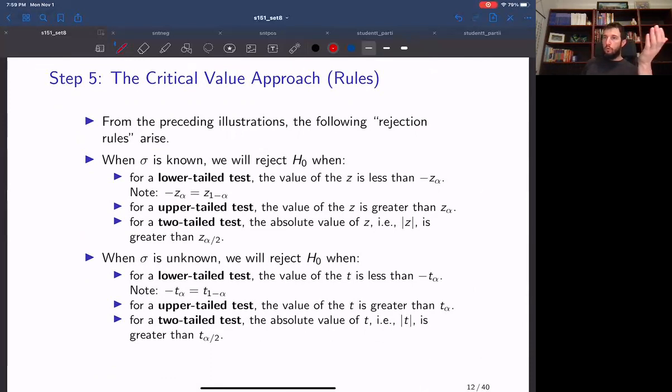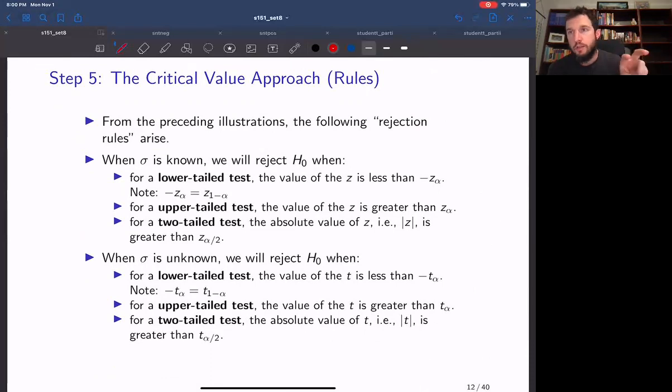Or from a rule-based point of view, it depends on the kind of test you're running, whether or not you get into the rejection region. So if you're running a lower tail test, the test statistic would have to be less than the critical value to reject. If you're running an upper tail test, the test statistic would have to be bigger than the critical value to reject.